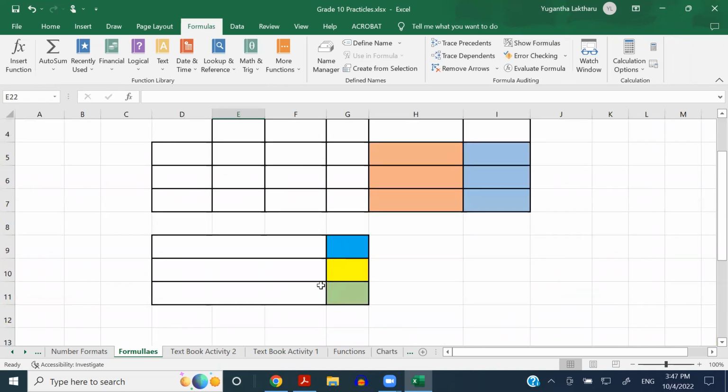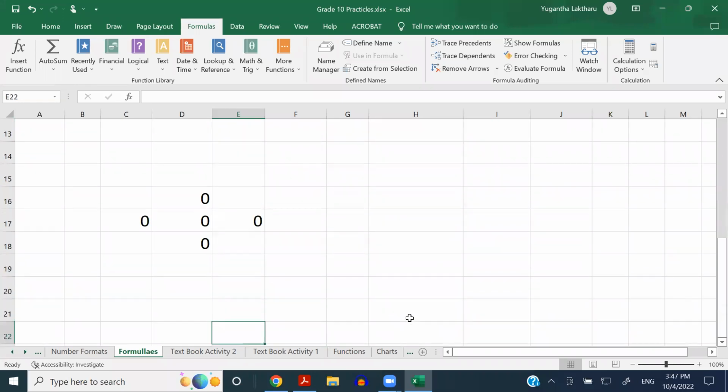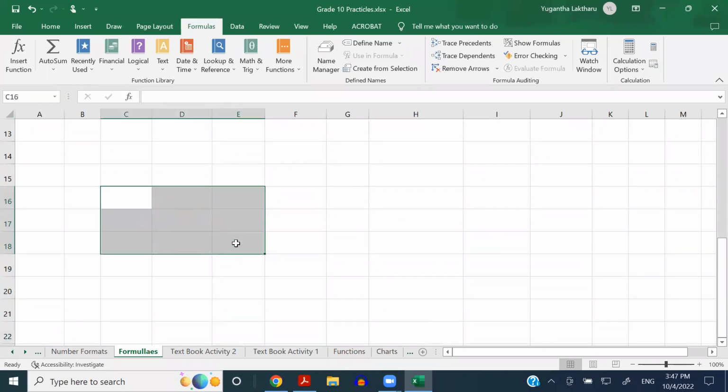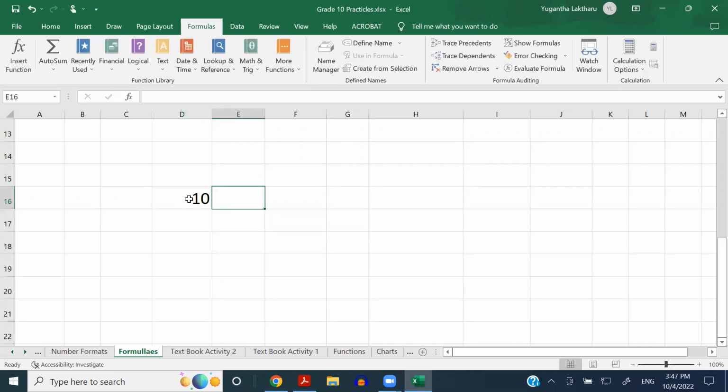Yeah. So now let's think about a scenario, something like this. In this cell you have 10 as a value, and in this cell you have 30 as a value.